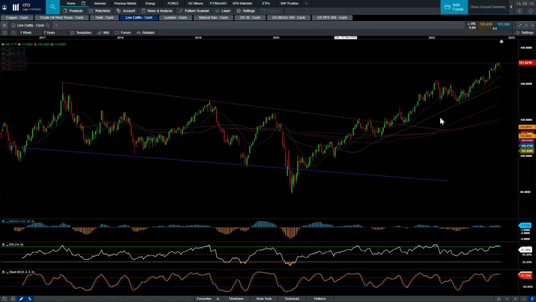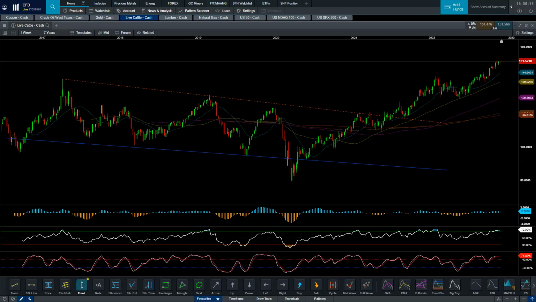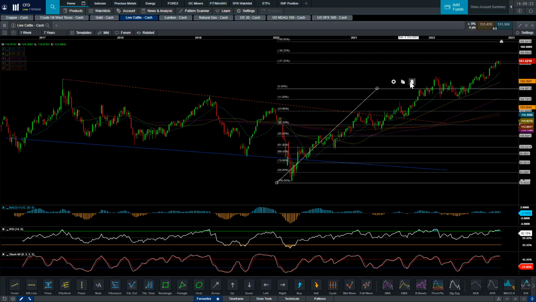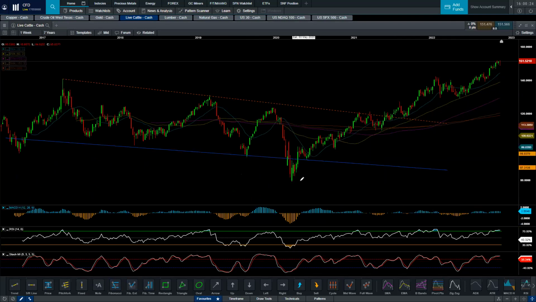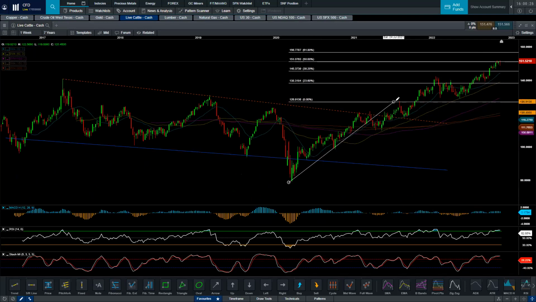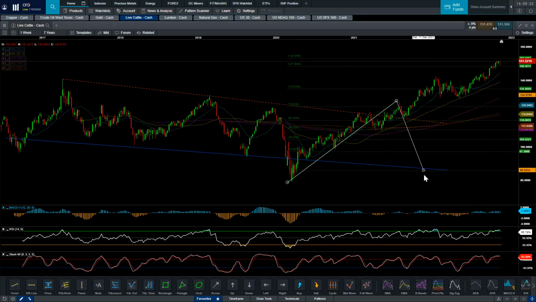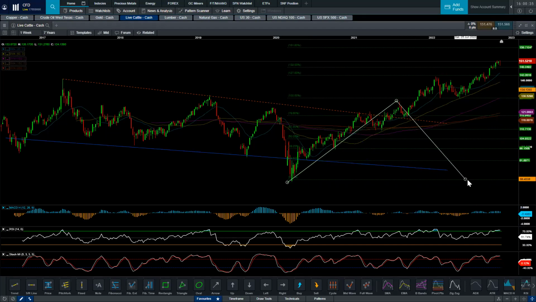I work based on the divergence because, as I said, there is no history behind that. So for the top, this is the only tool that I'm using: Fibonacci. For you folks, if you want to use an extension with this, I don't know what level you should go. But if you want to use mine, you should bring this one down to the first low.